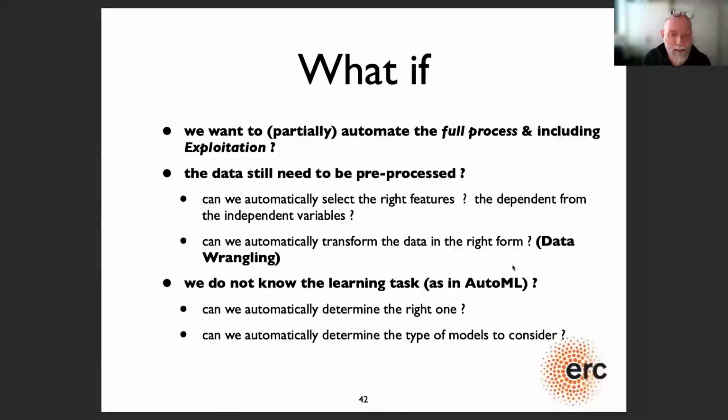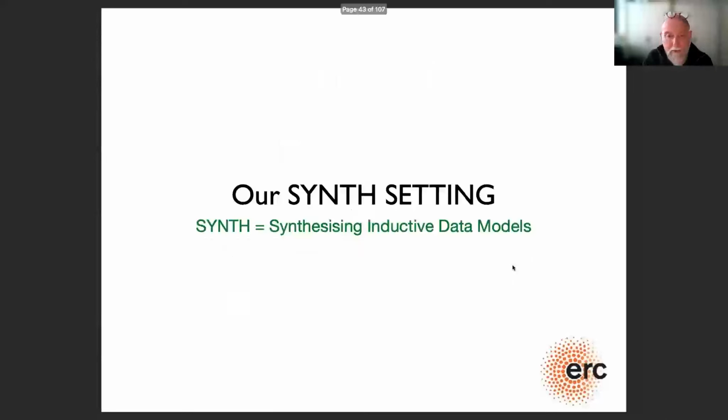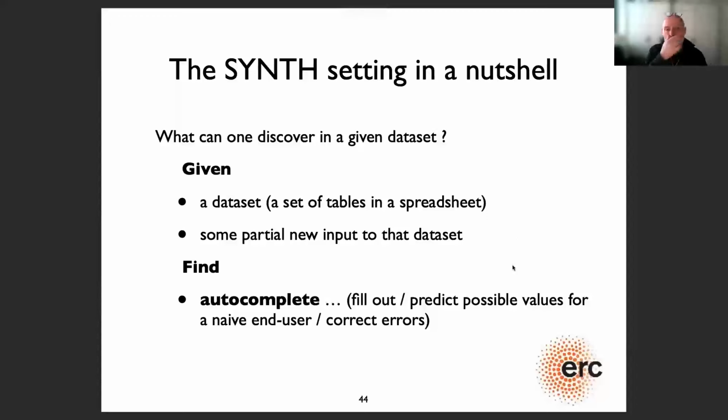There is a data wrangling step that needs to take place, and we use techniques from inductive programming, this programming by example in the style of Sumit Gulwani's flash fill, for that. We also assume that the learning task is not really specified, and we wonder whether we can automatically determine the relevant one. That's basically the setting, and that's the setting called SINT. That's the term that we use.